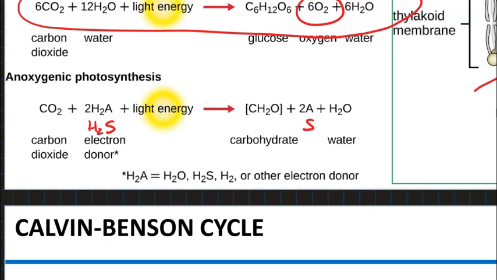The sulfur will be produced instead of oxygen. As a matter of fact, a lot of pure sulfur that is mined in the world is essentially a product of anoxygenic photosynthesis that happened in the ocean a gazillion years ago. Okay? Do you see the difference between oxygenic and non-oxygenic? You just need a non-water donor of electrons.